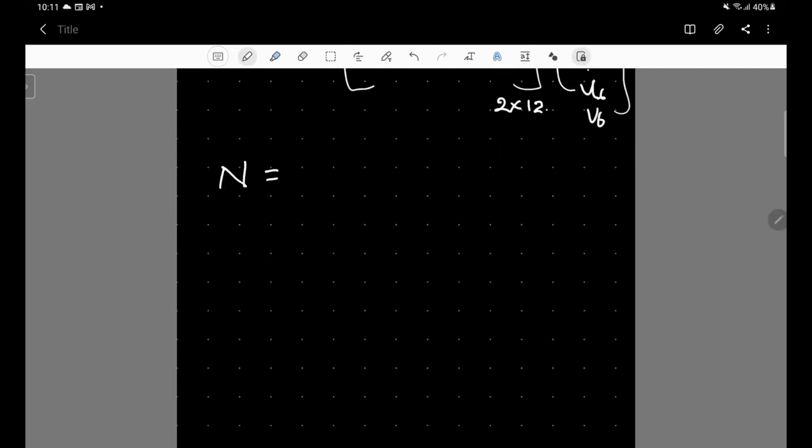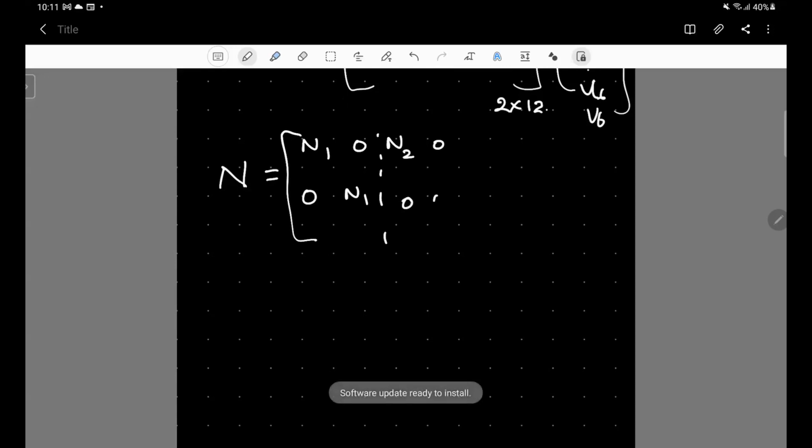In order to define the shape function, what we do is n1, 0. So likewise, you would have terms until n6.